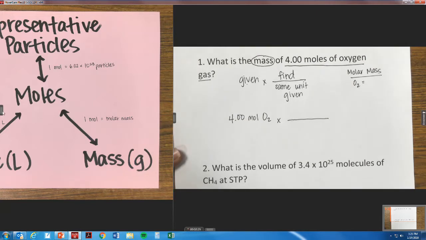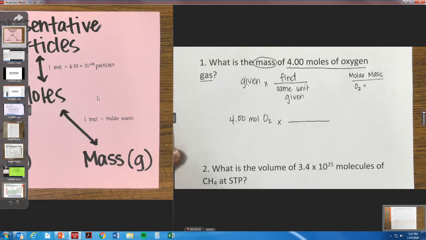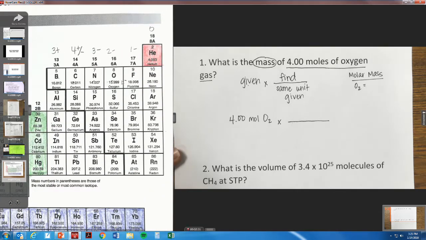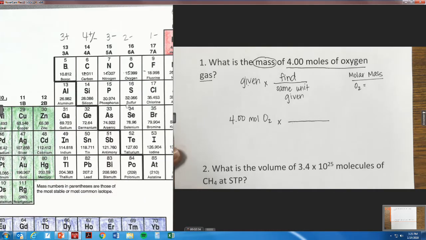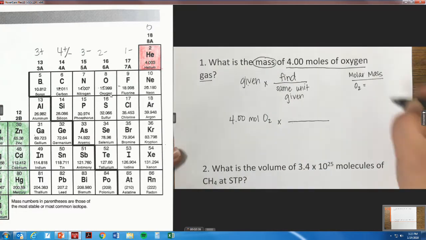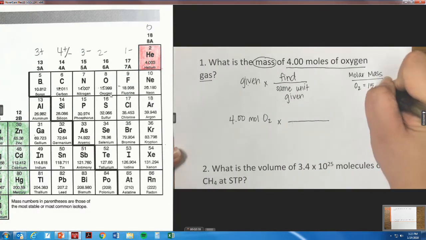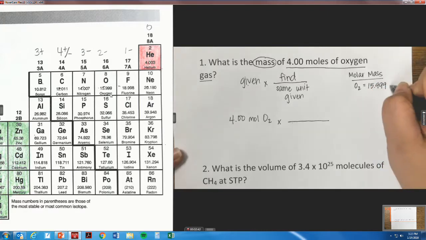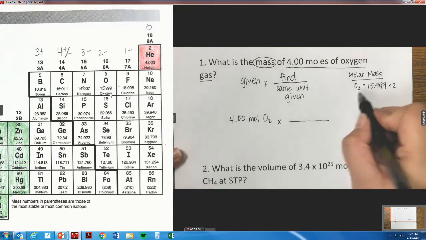So let me pull that up. Our periodic table tells us that oxygen has a mass of 15.999. So my atomic mass for oxygen is 15.999, and I have 2 of them.